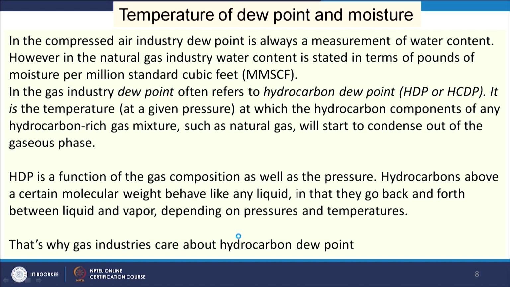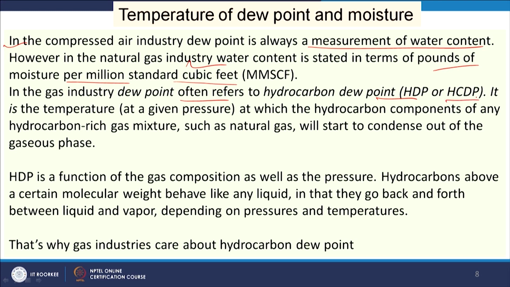Now, temperature of dew point and moisture. This is the dew point definition, and the significance is different for different cases. If we consider the compressed air industry, then dew point is always a measurement of water content, but in the natural gas industry, water content is stated in terms of pounds of moisture per million standard cubic feet, and dew point often refers to the hydrocarbon dew point, that is HDP or HCDP.